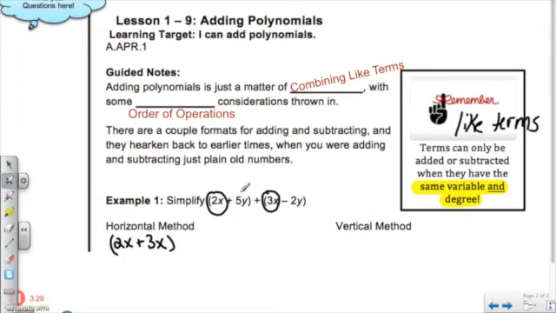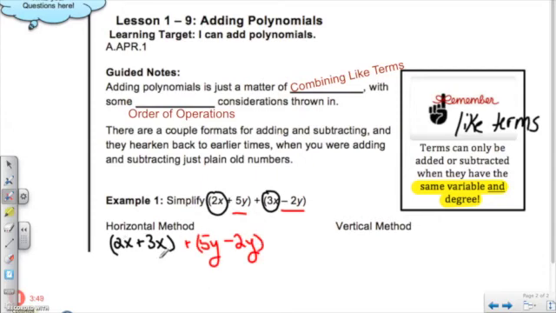And then I can say, okay, now I've got these other like terms, this 5y and this negative 2y. Make sure you're paying attention to that minus sign. That's a negative 2y. I've got a 5y and a negative 2y, and I'm going to group those together.